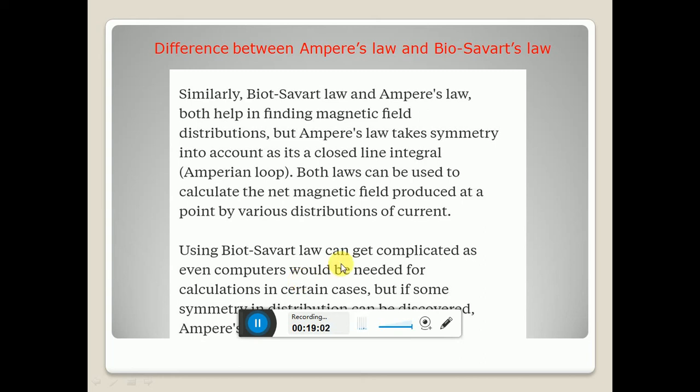But Ampere's circuital law we can apply to symmetric structures of magnetic field alone, where an Amperean loop can be generated due to the symmetric manner of the magnetic field. Biot and Savart's law can be applied to unsymmetric structures also. Once again, Ampere's law can be applied to symmetric current carrying conductors, and Biot-Savart's law can be applied to unsymmetric current carrying conductors.